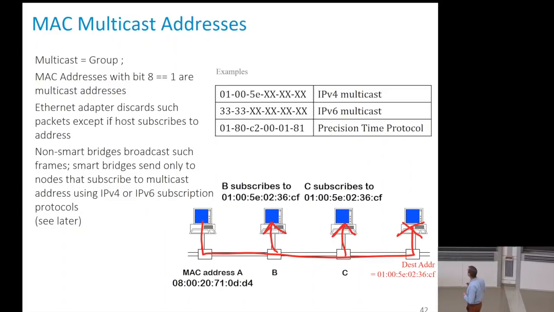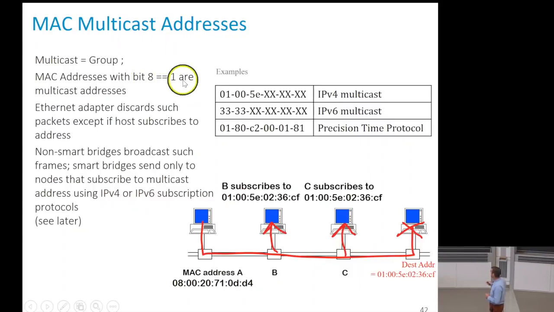So to keep a long story short, at the end of the day, it's the last bit of the 1st byte, so the last digit of the 2nd hexadecimal digit. If it's 1, it means it's a multicast address, right? So here, 01, 3301. If the 2nd digit is odd, then it means it's a multicast address.